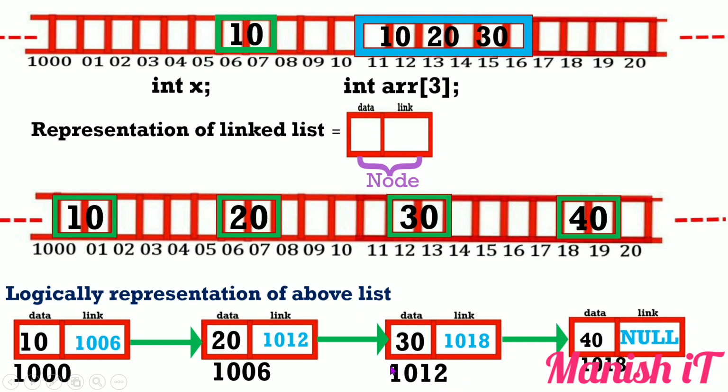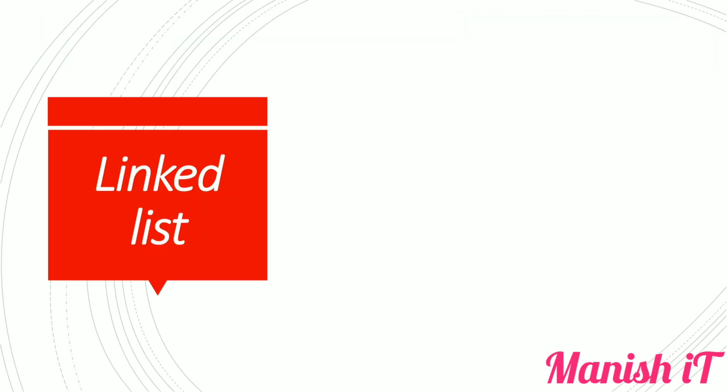As we know, every function has its own properties, so let's see them one by one. Linked list is also a function, so definitely it has its own properties. The first property is that it is a linear data structure.